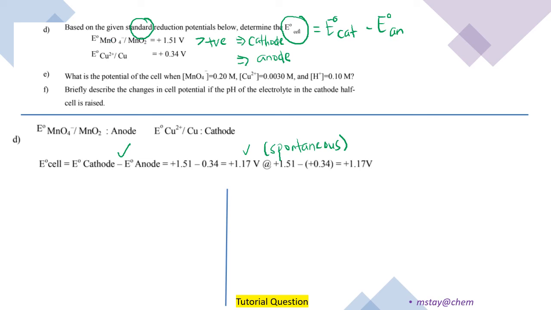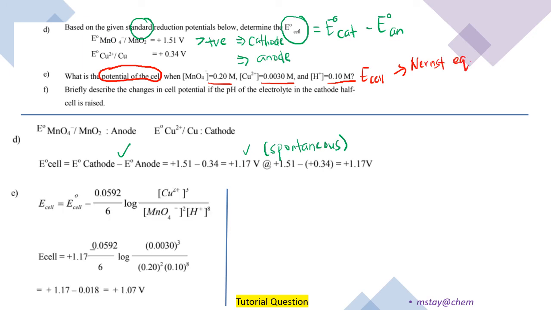So that is done. Then next we need to calculate the potential of the cell when the concentration of Cu2+ is 0.03 and of MnO4- is 0.2, and the concentration of H+ is 0.1. From here we know that we need to find the E cell, so we are going to use the Nernst equation.